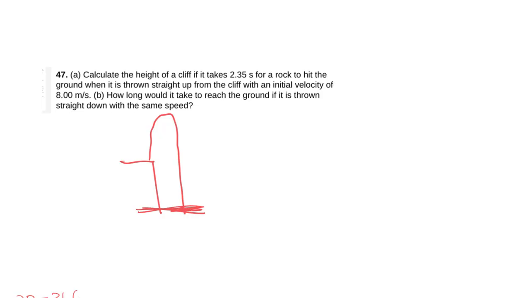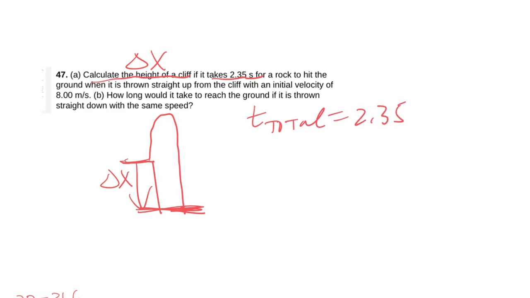I should have drawn a picture. Okay, so I'm looking for this distance here, delta y. It's going to be a negative answer. That's the height. It takes 2.35 seconds for the rock to hit the ground, so the total time is 2.35 seconds.